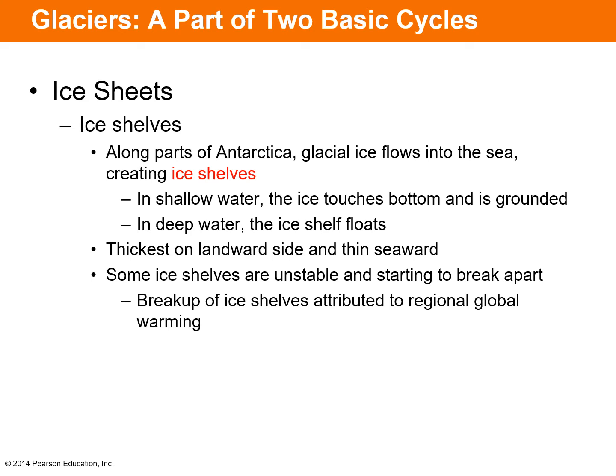And some ice shelves are unstable and are starting to break apart. They're always breaking apart and reforming throughout the history of glaciation and ice sheets and ice shelves. But recently, due to climate change in Antarctica, there's been additional breakup of ice shelves and additional dissipation of the ice shelves as they've melted into the ocean.